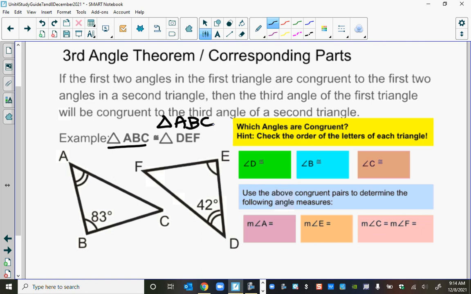I want you all to look at this one on your own for a moment. Think about which angles are going to pair up with what other angles. Measurements you're going to get almost from the diagram, but the last one you're going to have to do some math. Look at this one for about a minute or two.